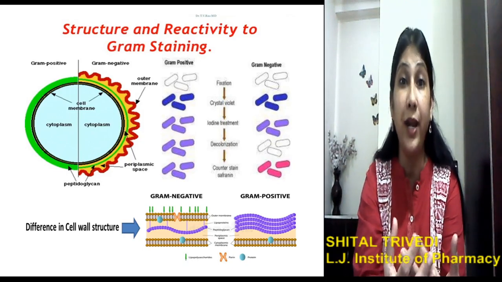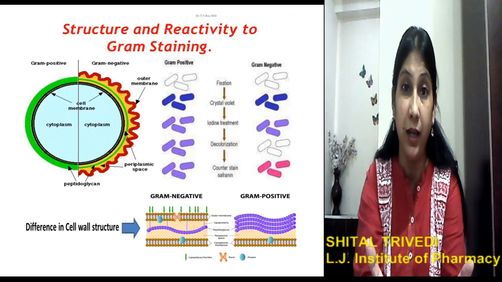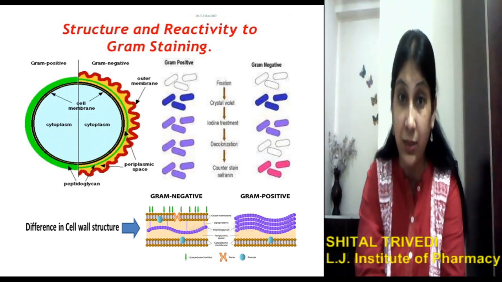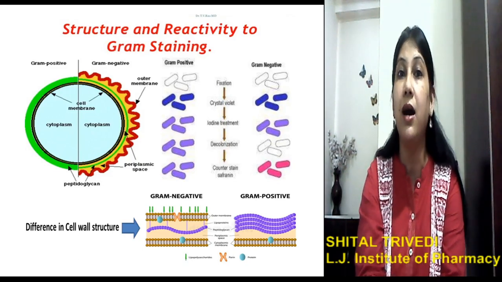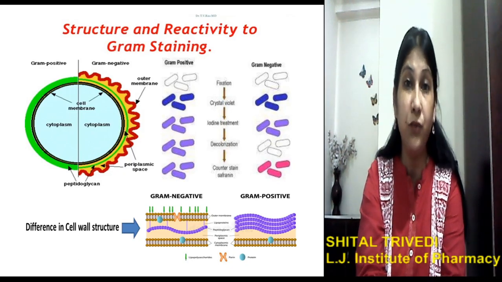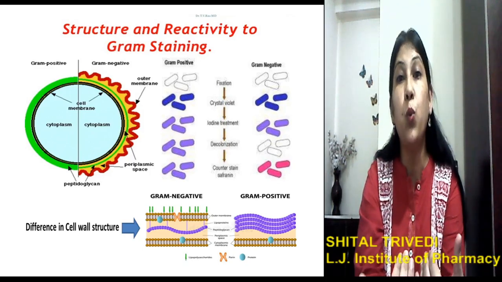So the gram staining technique involves a primary staining reagent, that is crystal violet or methylene blue, and a counter stain, that is safranin or basic fuchsin, used along with a decolorizer.